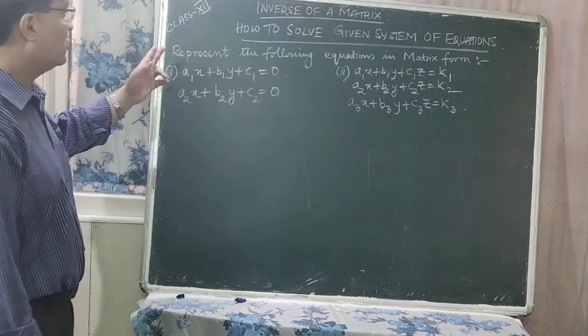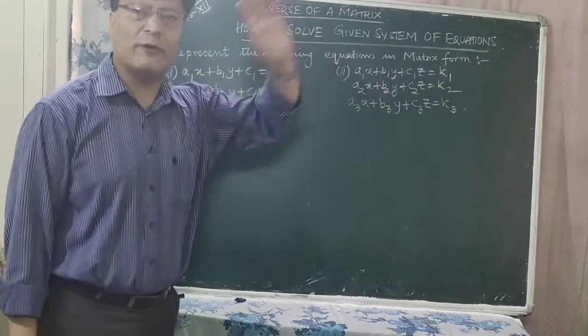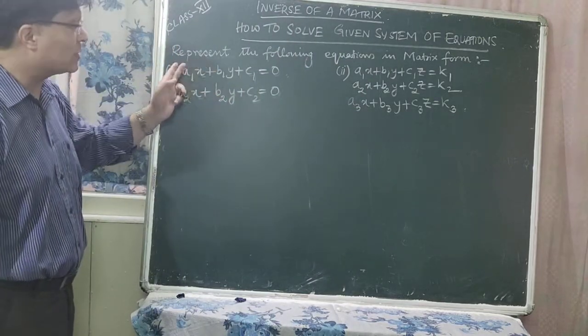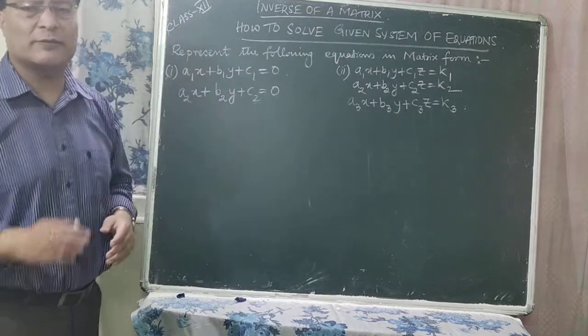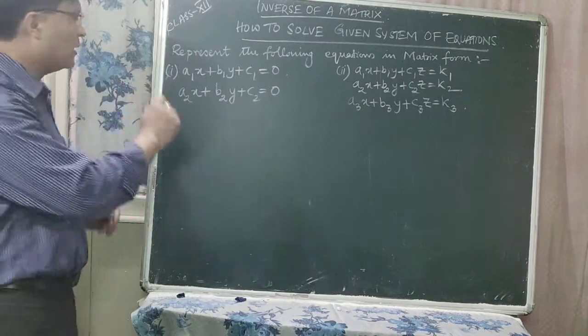So here is the question: represent the following equations in matrix form. This equation is given in terms of x and y, and some constants are there. So you have to convert this given system of equations into matrix form. So how will you convert it? Let us do number one.